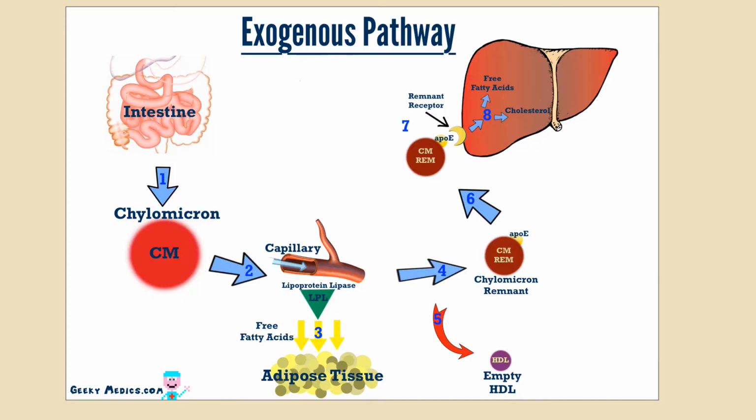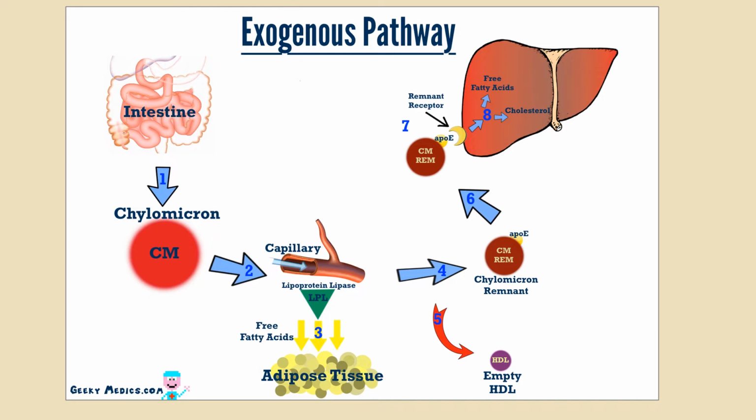So let's take a look at this diagram. Starting on the left, if you need to, go ahead and review how chylomicrons are formed in your intestinal epithelium and how they get from your intestinal epithelium into your blood, because that's where we start with arrow number 1 on the left. We have a chylomicron. It's traveling as part of blood plasma, and as that blood passes through a capillary bed in adipose tissue, those apoproteins can allow for those dietary lipids to be unloaded and loaded into fat cells for storage.